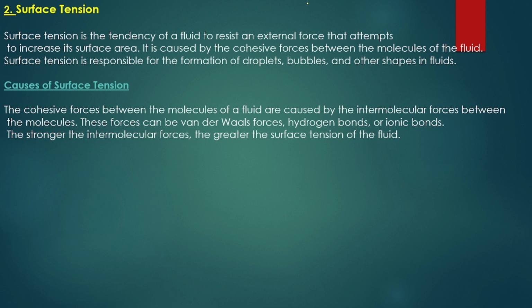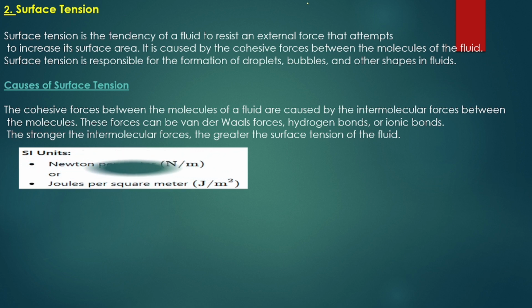Cohesive forces are nothing but attraction forces between the molecules. As the cohesive forces are more, the surface tension is more, and its units are Newton per meter or Joule per meter square. That is the small information about surface tension.